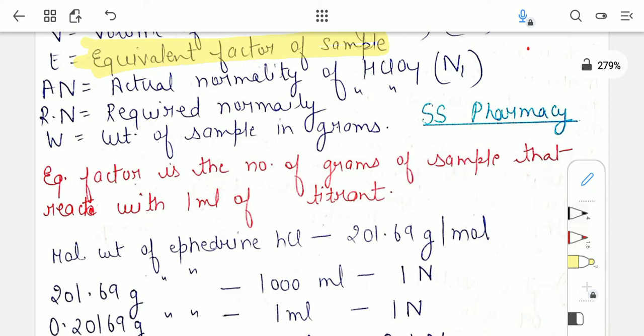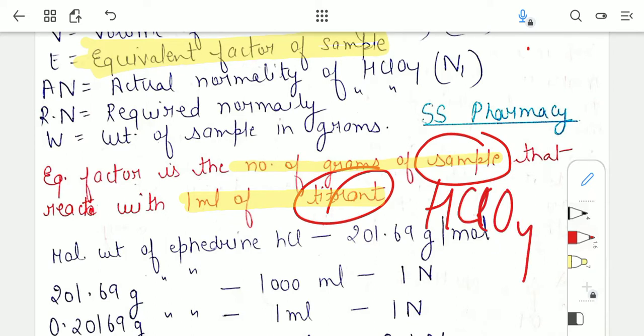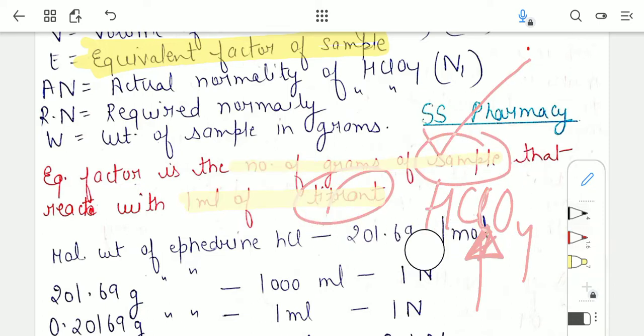The equivalent factor is the number of grams of sample that will react with each ml of titrant, or 1 ml of titrant. The sample over here is our ephedrine hydrochloride, and the titrant is perchloric acid. So the grams of ephedrine hydrochloride that will react with 1 ml of our perchloric acid is the equivalent factor of our ephedrine hydrochloride.